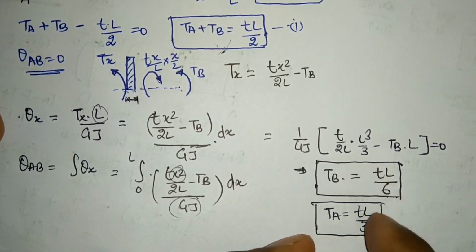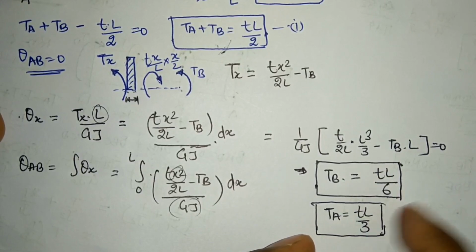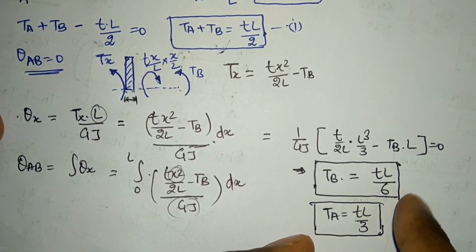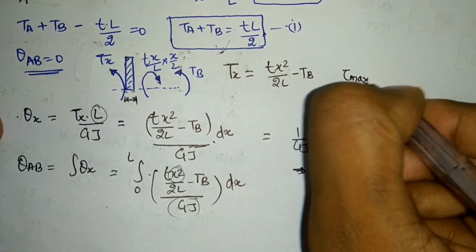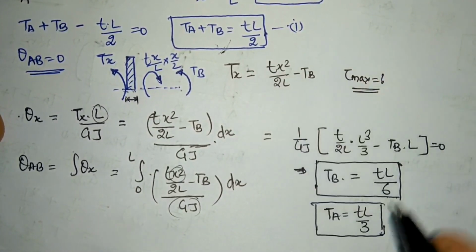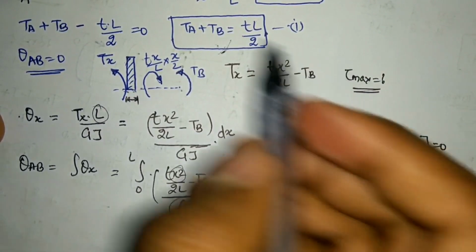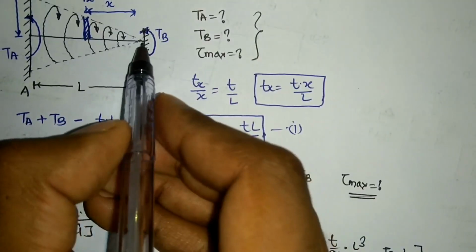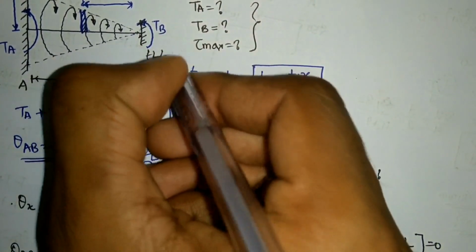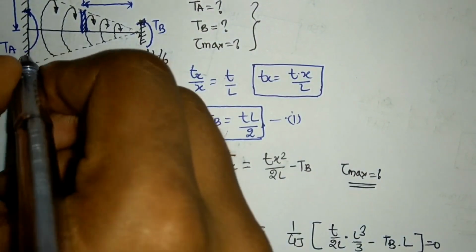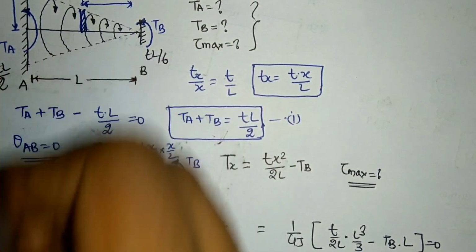So both the reactions I have calculated. One is TL by 6, another is TL by 3. So what will be tau maximum? Based upon the reaction values only I can tell. At this point the torque value is TL by 6, and at this point the torque value is TL by 2.